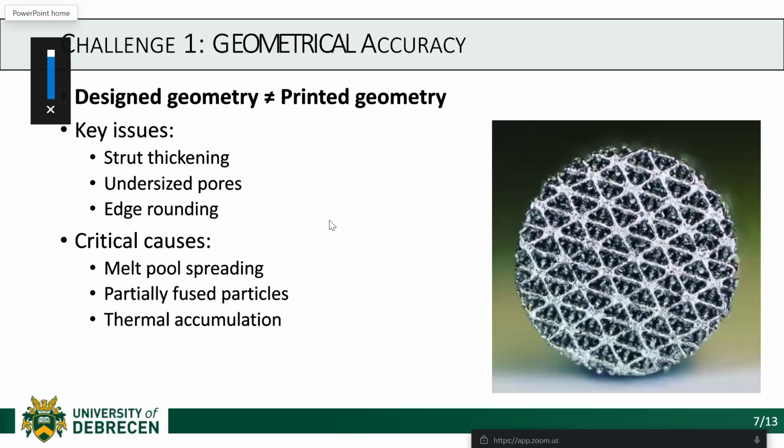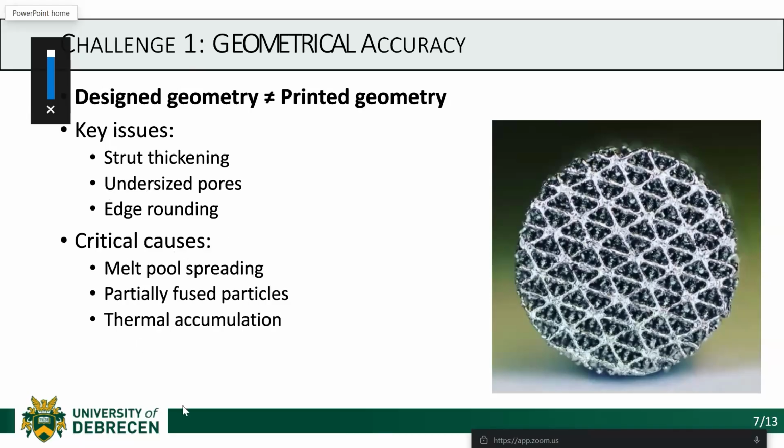The first challenge is the geometrical accuracy, when we experience that the design, the 3D geometry, is not the same as the printed geometry. The key issues in this case are strut thickening, undersized pores, and edge rounding.